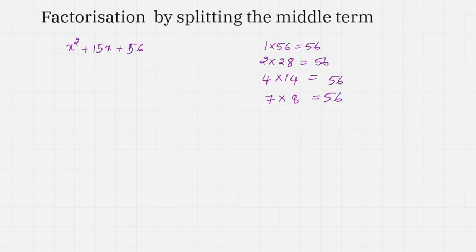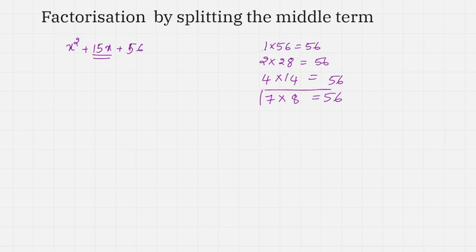Now let's see the sum x square plus 15x plus 56. So when we are splitting 15x, so that the product will be 56, we are having this combination. 1 into 56 is equal to 56, 2 into 28 is equal to 56, 4 into 14 is equal to 56, 7 into 8 is equal to 56. So when we are adding the numbers, we have to get 15.